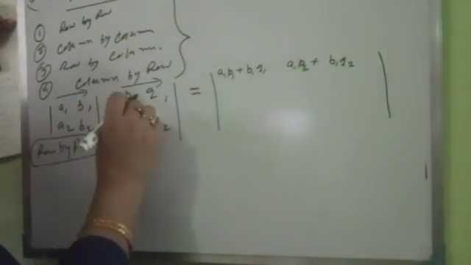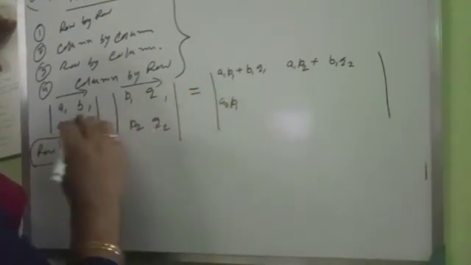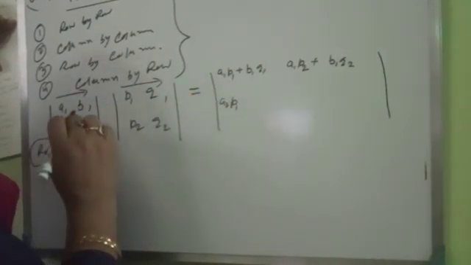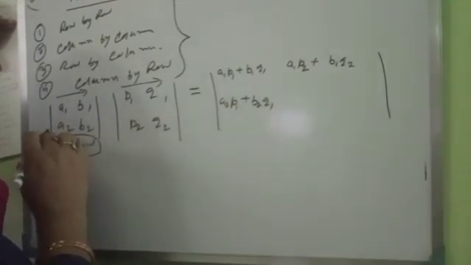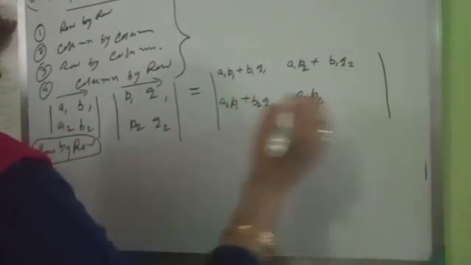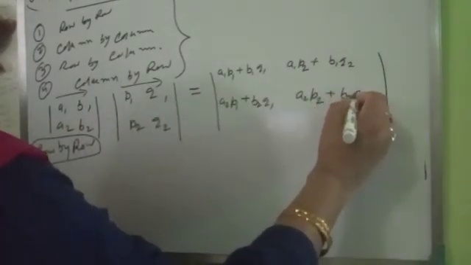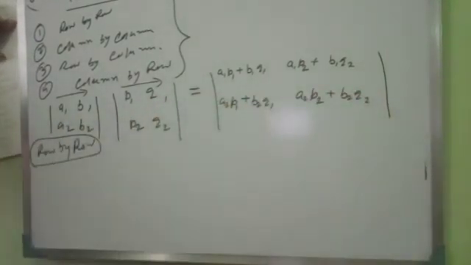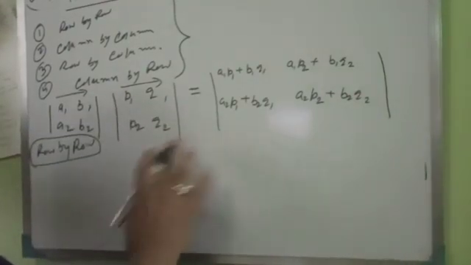Okay, then second row, first row, A2 P1 plus B2 Q1. Next second row, A2 P2 plus B2 Q2. Okay, so this is the rule how to multiply two determinants.